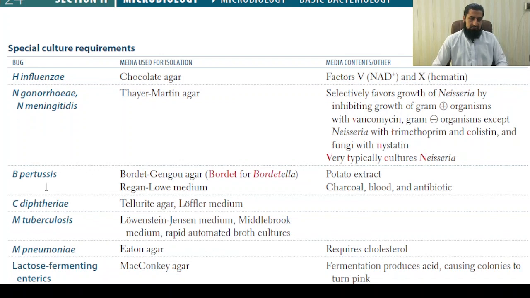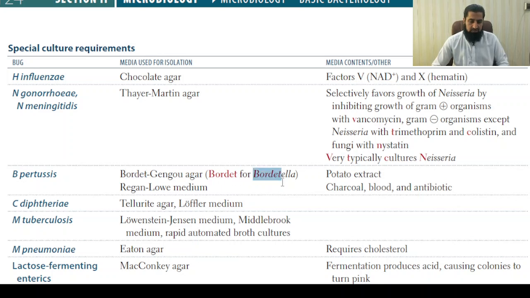Another microorganism, B. pertussis. The media required for this bacterial growth is Bordet-Gengou agar, Bordet for Bordetella.